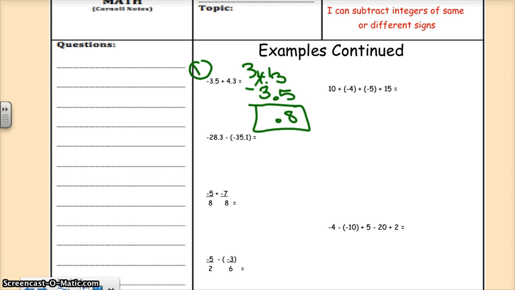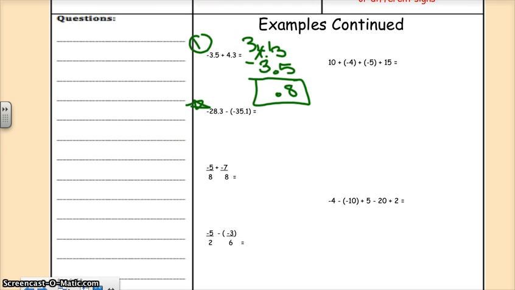Okay? I'm going down to this one here. It is subtraction. Anytime I see subtraction now, I'm adding the opposite. So this turns into negative 28.3 plus the opposite of negative 35.1, that positive 35.1.